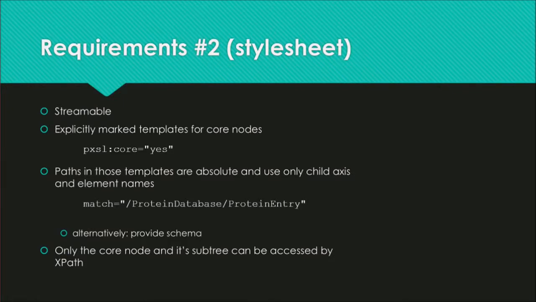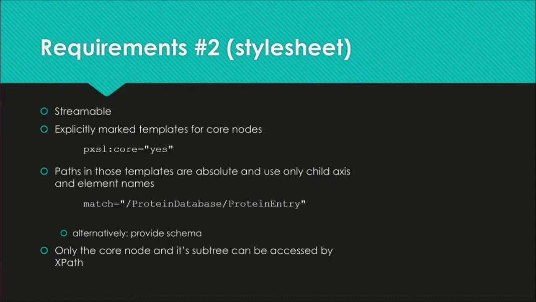You probably could get away with something a little bit more complex, but you can't do, for example, predicates somewhere above the core type. So if there was some predicate here, the processor couldn't evaluate it properly because it hasn't seen the actual part of the document that this predicate should test.